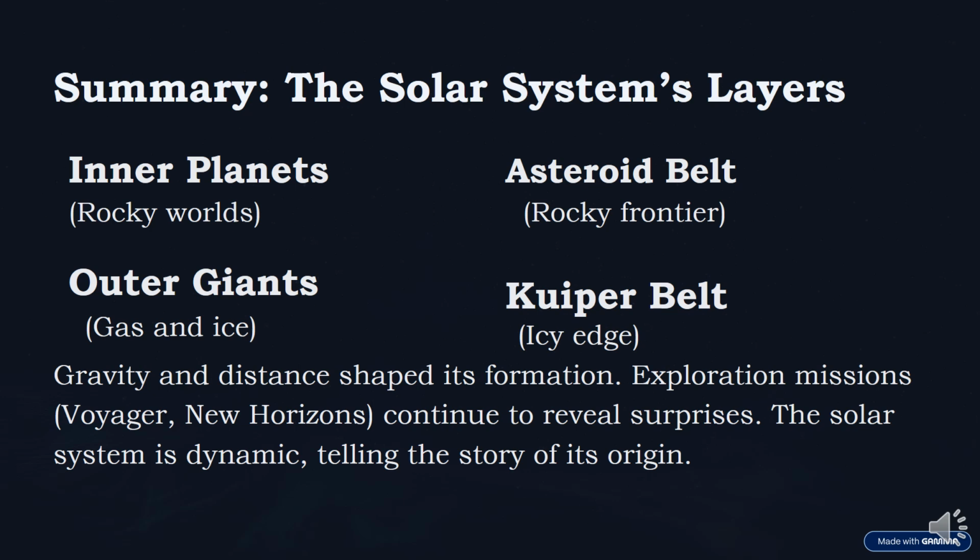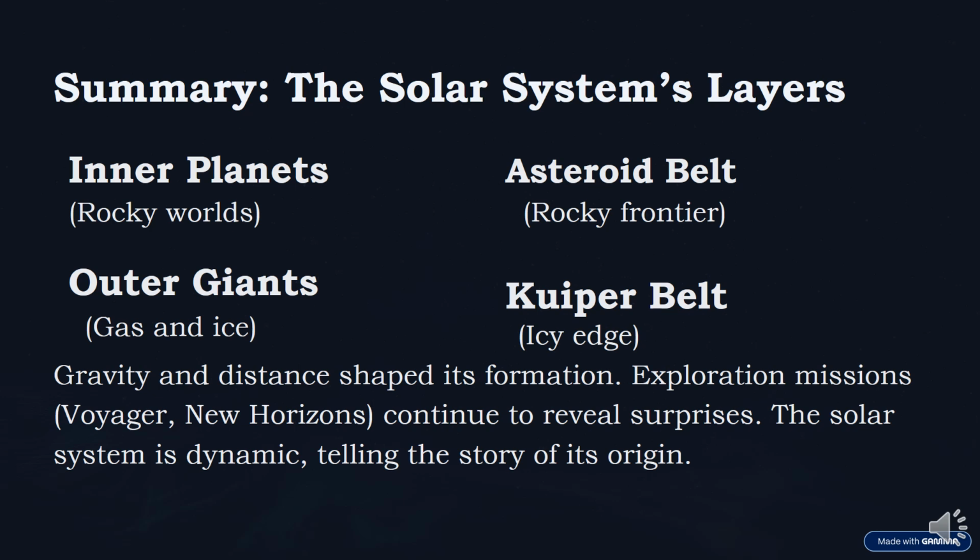Outer giant planets contain gas and ice. The asteroid belt is a rocky frontier. The Kuiper belt can be considered the ice age. Gravity and distance shape its formation.